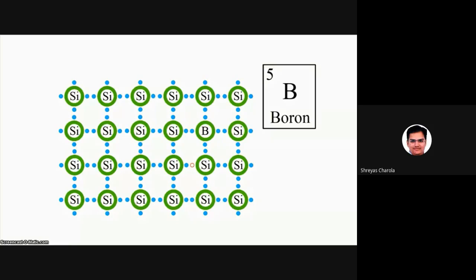Another common dopant for silicon is the element phosphorus. Unlike silicon, phosphorus has 5 valence electrons. Just like boron, phosphorus fits into the silicon crystal. This time, though, the phosphorus bonds with all 4 silicon atoms around it and still has 1 valence electron left over. This electron is not bonded and only needs a little bit of energy to leave the phosphorus atom altogether.